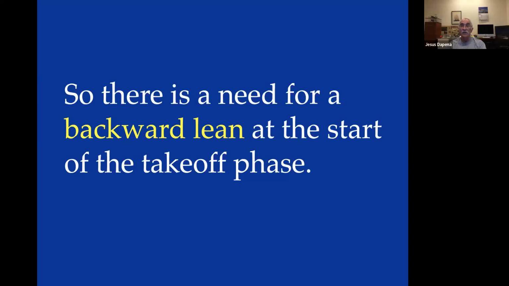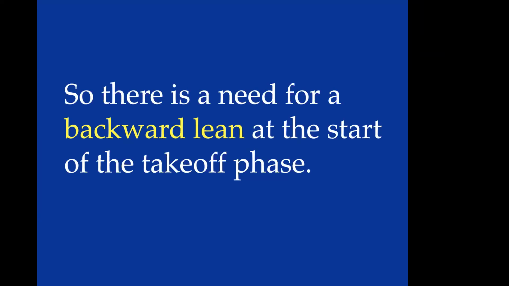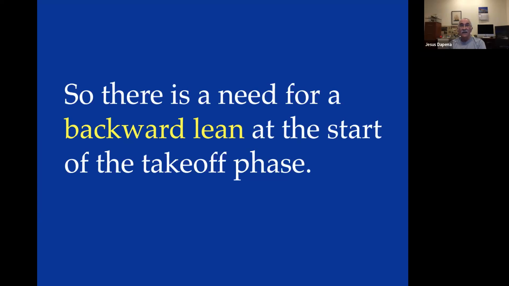Another option would be to say, oh no, I don't want to lean forward. I'll stay vertical. I'm vertical at the start of the takeoff phase, and I'll still be vertical at the end of the takeoff phase. In that case, the height of the jump will be good. The center of mass will reach a good height, but since you're not rotating forward during the takeoff phase, you're not generating angular momentum, and you will have a small amount of somersaulting angular momentum, and your rotation over the bar will be a mess.